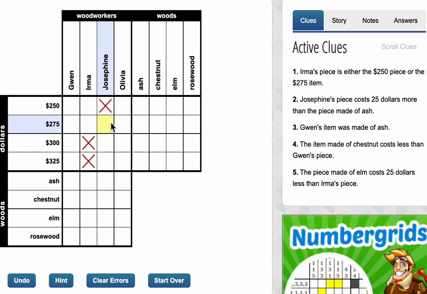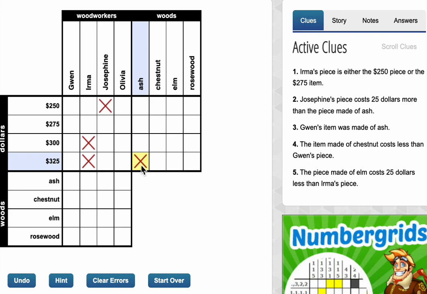Now it's got to be $25 more than the piece made of ash. Well, they're separated by $25 increments, so that's not really helpful. But since I know that the ash piece is not as expensive as Josephine's, then the ash one cannot be the most expensive one. Because Josephine's is $25 more than that, the ash one has got to be something less than the most expensive one.